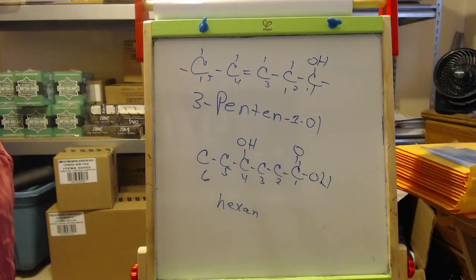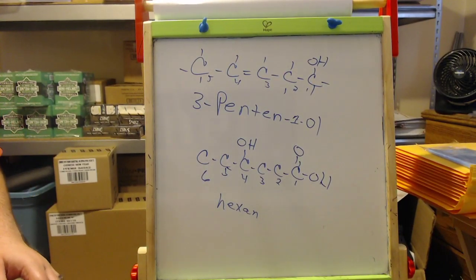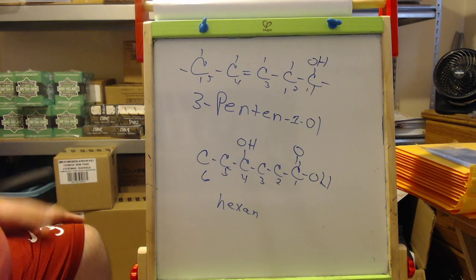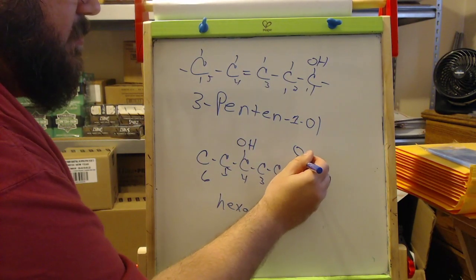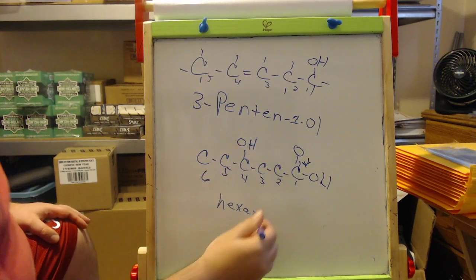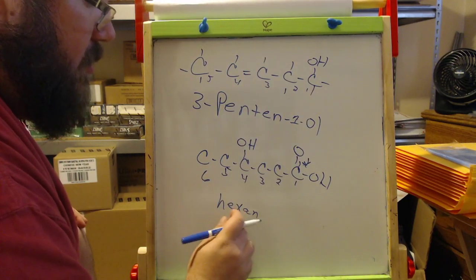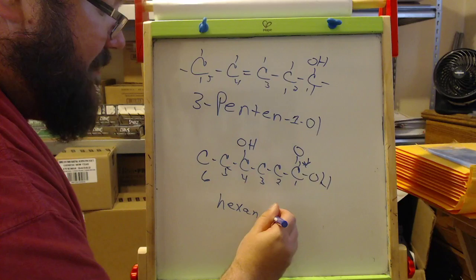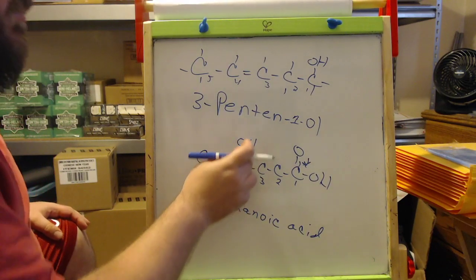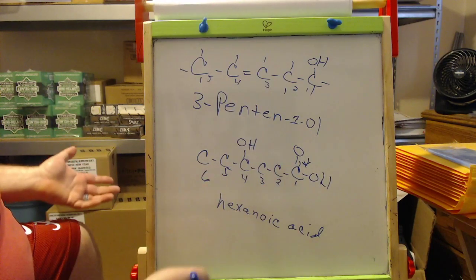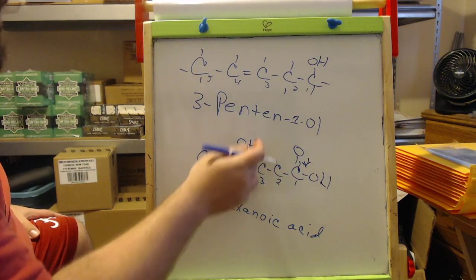So if we look at the table, carboxylic acids rank over a hydroxide OH. This is the winner, so we call this hexanoic acid. But I still have to tell you that there's an OH on there. We don't call it an alcohol, we don't say something -ol. It's a hydroxy group.